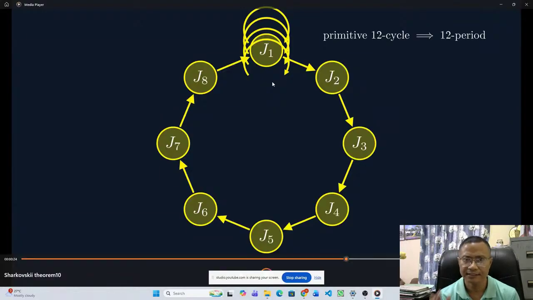So you can do this infinitely many times, and all these numbers in the Sarkovsky ordering of natural numbers are less than 9. The only problem is 9, 3, 5, 7.